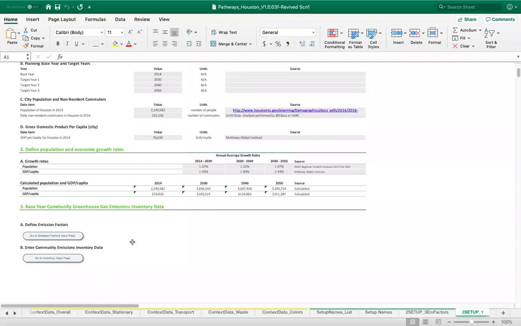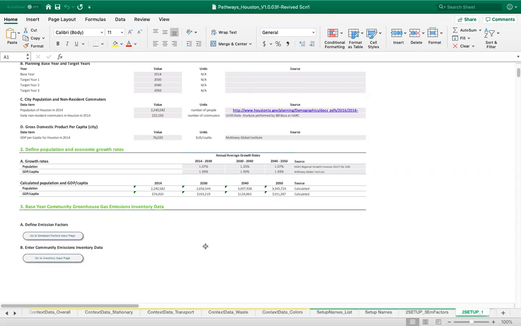I won't go into detail around defining the emissions factors, but the model does have the ability to specify non-standard emission factors or local emission factors. The model is typically set up to use national emission factors, but those values can be manually edited.